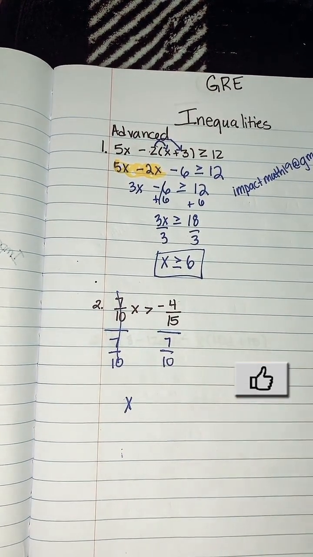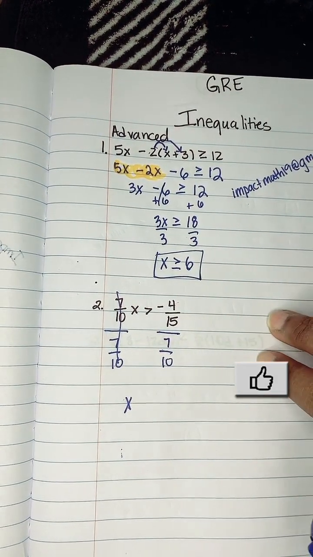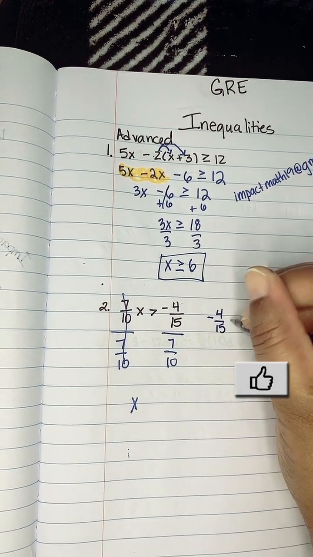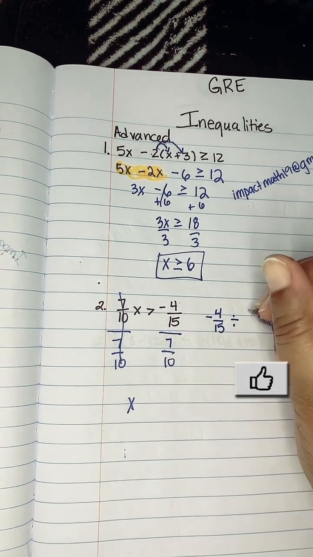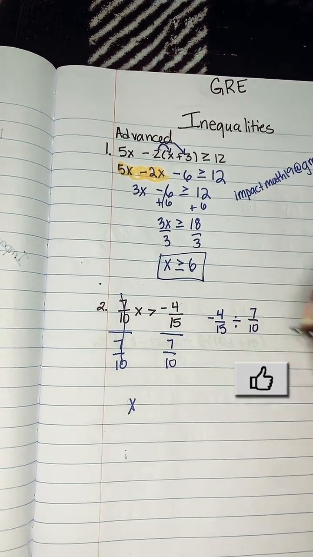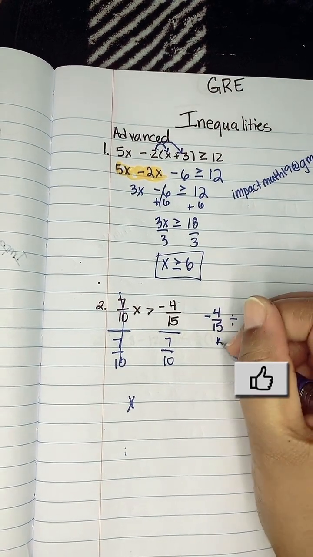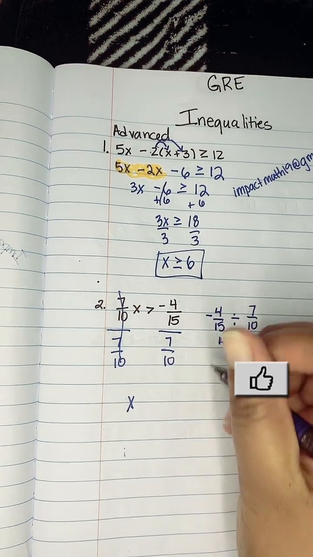It's like crazy. So let's just take it over here and do it step by step. Okay. So if we do -4/15, we do the old school division bar and then we write our 7/10. Okay. Now, if we go back to our keep, change, flip, remember, we have to keep this the same.